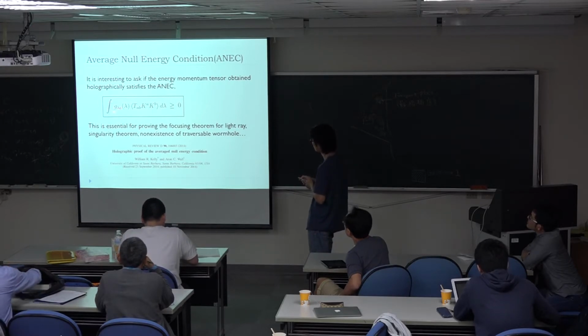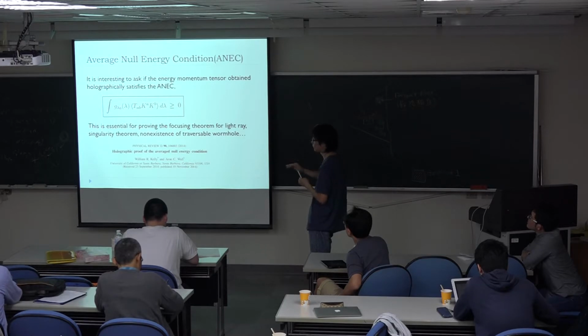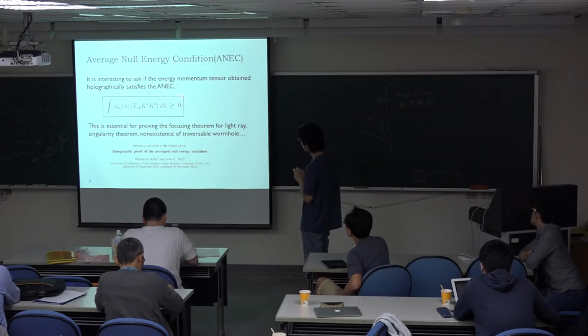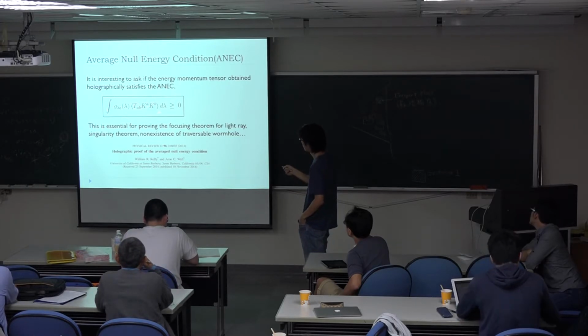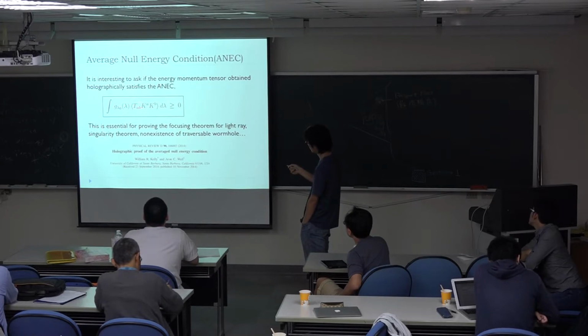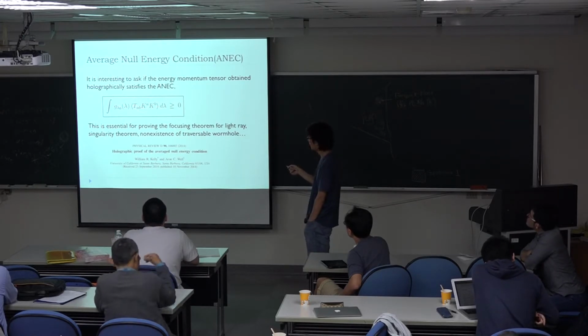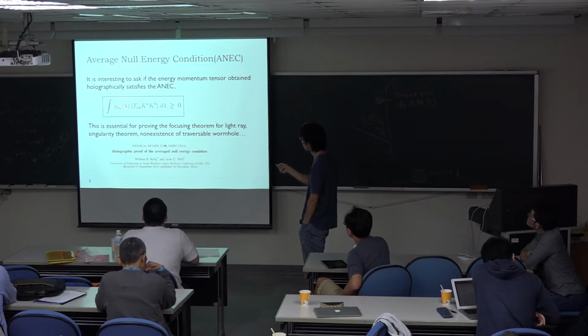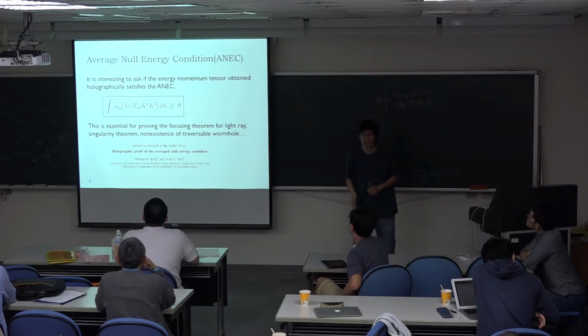So you need to do some smearing, and lambda naught characterizes the scale of the smearing. Actually, these conditions do not depend much on how you smear the energy-momentum tensor. As long as the answer you get is finite, you have freedom to choose this smearing function.